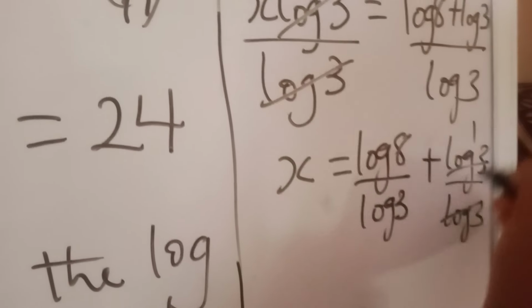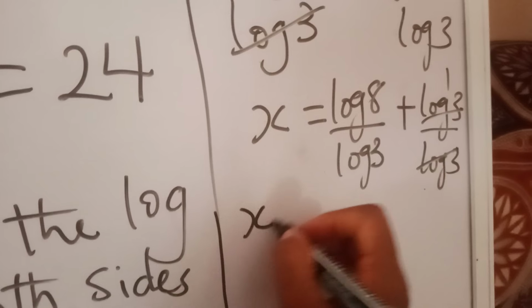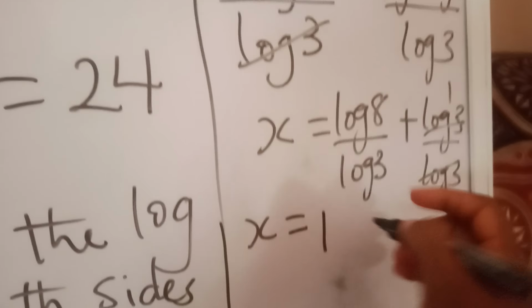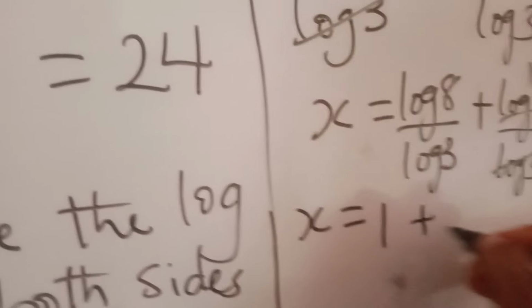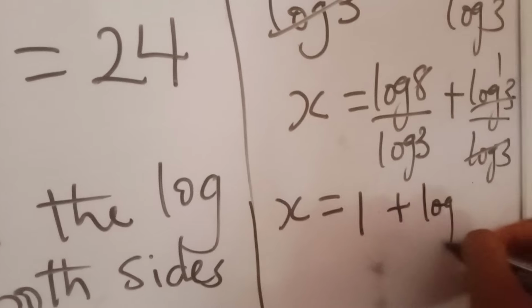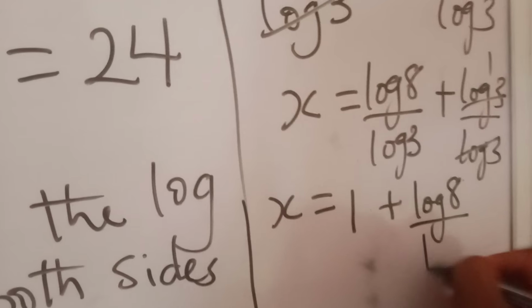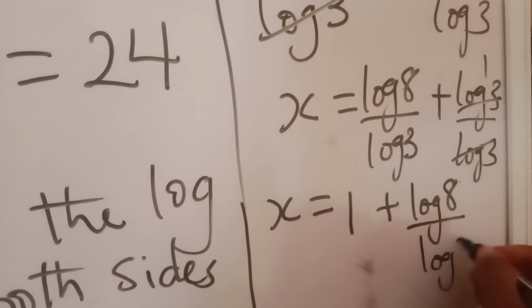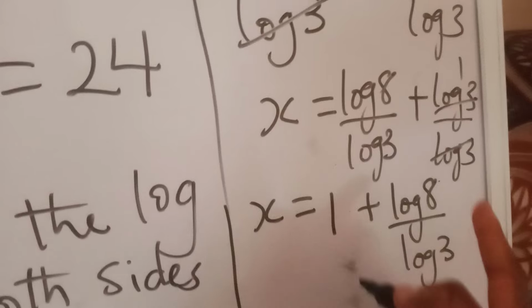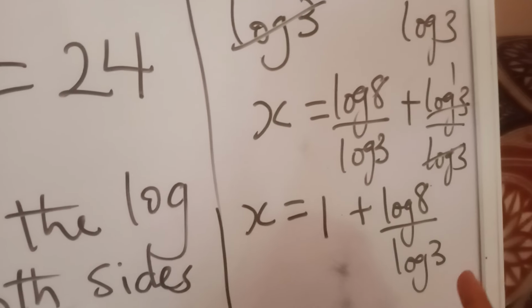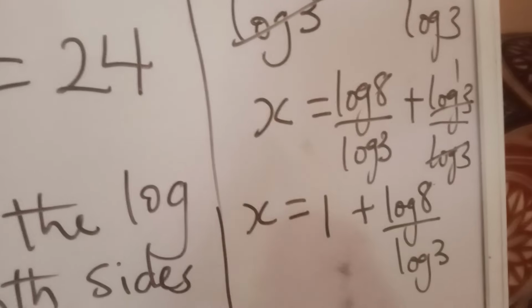So this gives us 1, and we're left with, we can write it this way, log 8 over log 3.